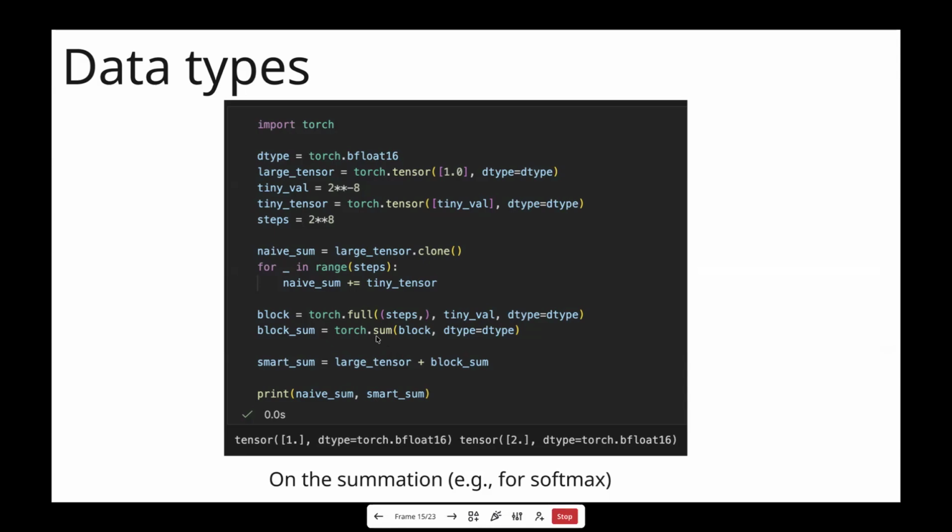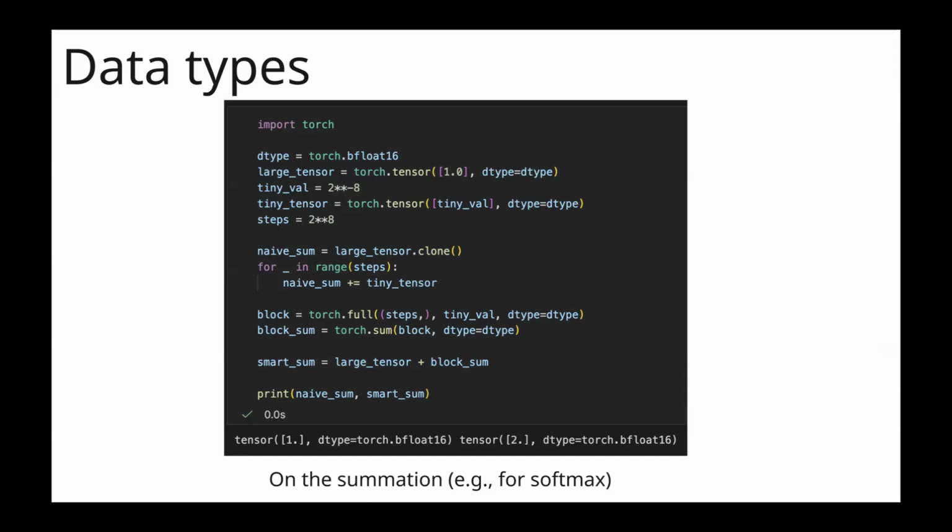But if it's very different, and in this example, the difference between 2 to the power of minus 8 and 1, the difference in exponent is 8, but we allocate only so many bits for the mantissa. Oh, okay, now I got it. Thank you. In order to do this summation, the computer has to shift the bits in the binary representation of the number to align the exponent, and effectively the number becomes 0 because of that.